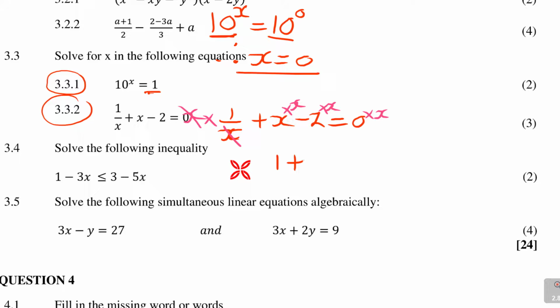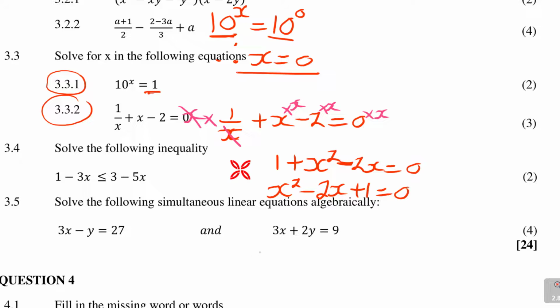You have 1 plus x times x is x squared minus 2x is equal to 0. So you rearrange this. You start with x squared, the next one is with x, minus 2x, and then plus 1 is equal to 0.